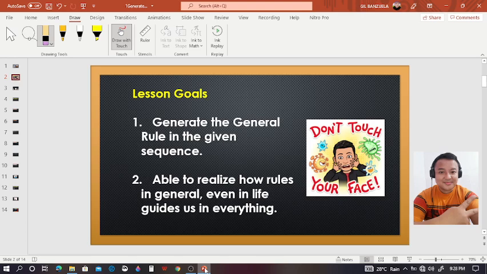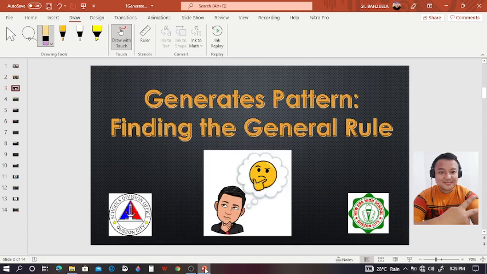We always follow a certain norm, and those are rules. So even in our everyday living, we follow certain rules, and that's what we are going to talk about today, but in terms of mathematics.